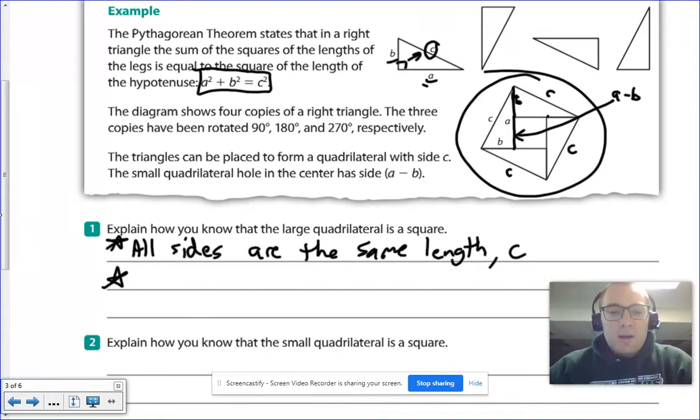Okay. How we can show that they're all right angles is we can look at one of these, and if we know about a right triangle, inside a right triangle there's 3 angles. One of them is a 90-degree angle, and since all of them have to add up to 180, the other 2 together have to add up to 90 degrees, so that they add up to 180 total.